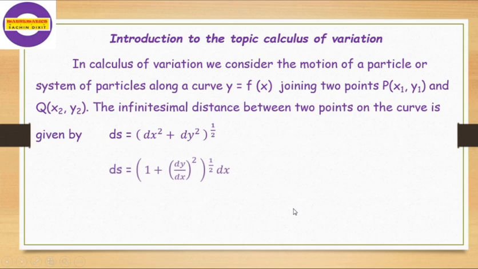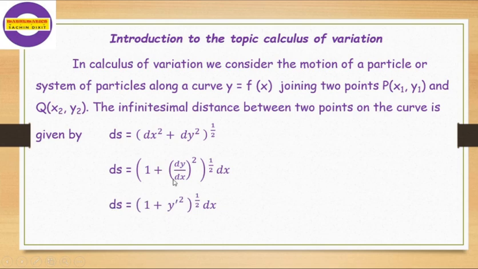Now just rearrange this term as ds equals (1 plus (dy by dx) square) whole raised to half into dx. That means we divide by dx square and take out dx; the square root of dx square is dx.